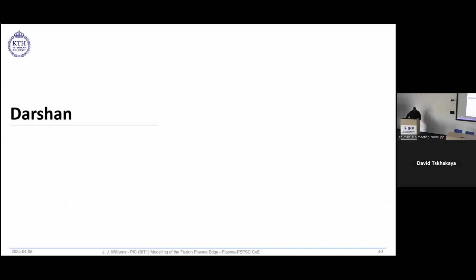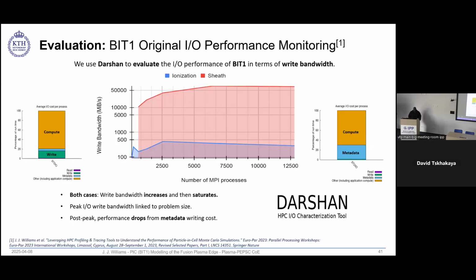So firstly, we have to go back to Darshan, which is quite useful for us. We use Darshan to evaluate the I/O performance of BIT1 in terms of the write bandwidth. And we saw straight away that it peaks and then drops at some point due to this write cost.